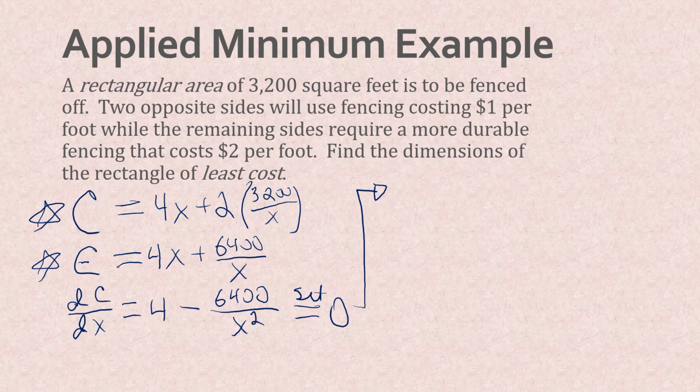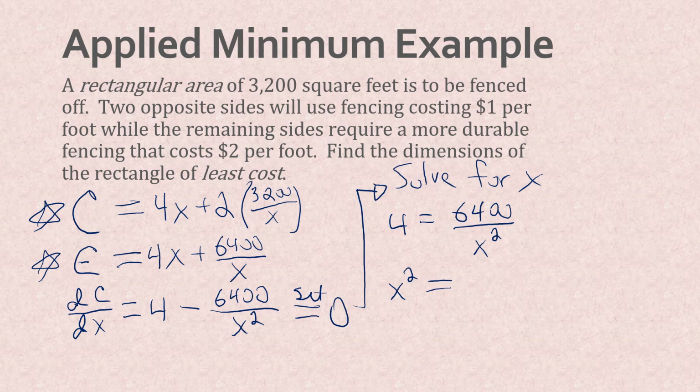So if we go to solve for x, then we can get that 4 equals 6,400 over x squared, or that x squared is equal to 1,600.